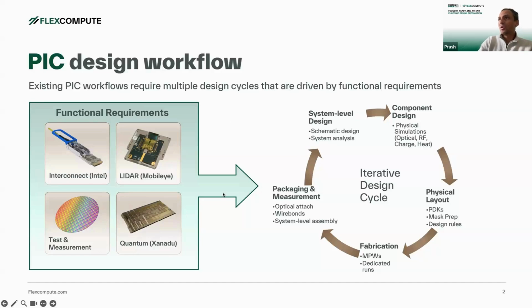And typically you start with some sort of system design and analysis, trying to figure out what is the thing I'm trying to build. You then also figure out, if I want to achieve this type of functionality, can I just achieve it with an SOI platform?